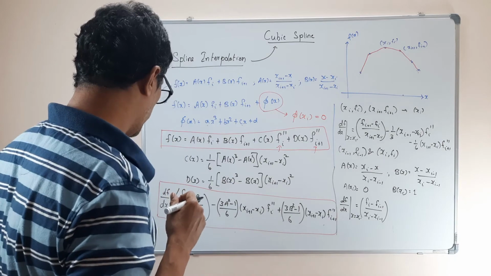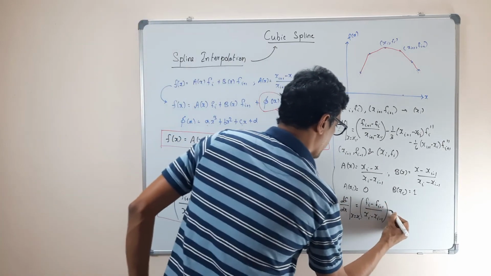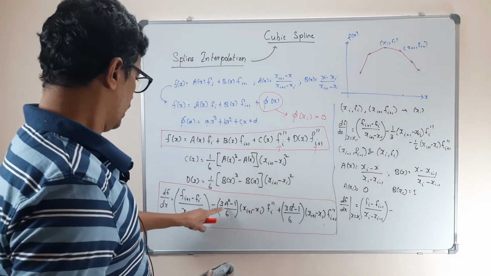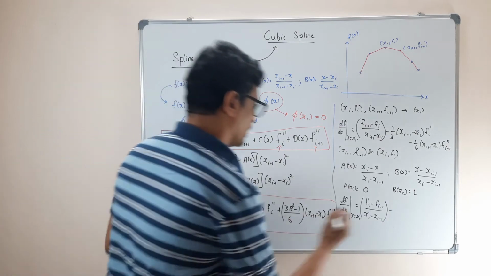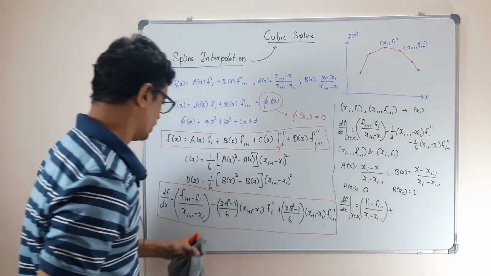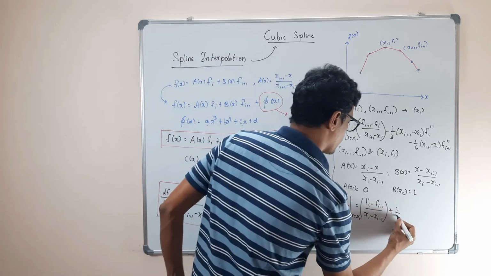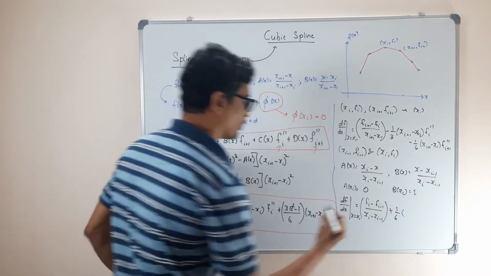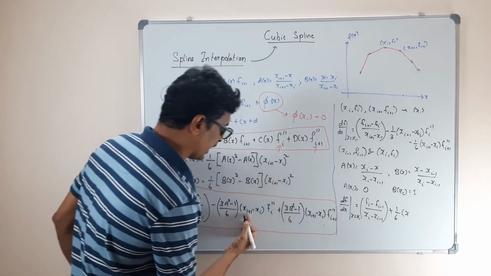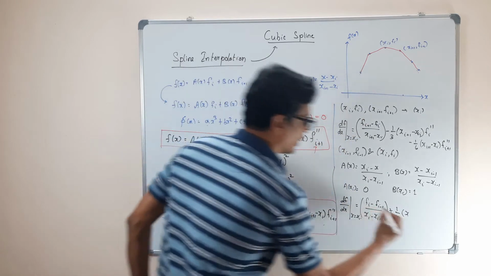And this will be minus a is 0, so this becomes plus 1 by 6 times (xi minus xi minus 1).